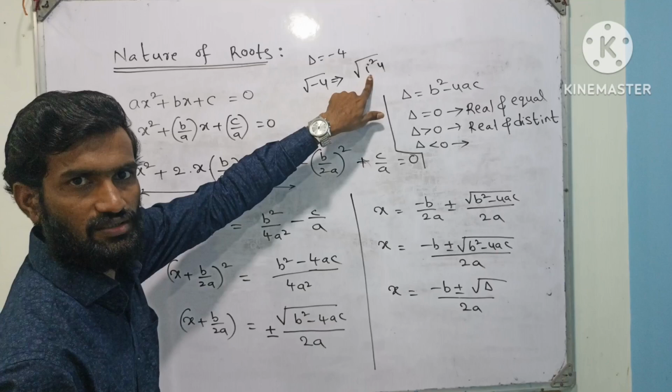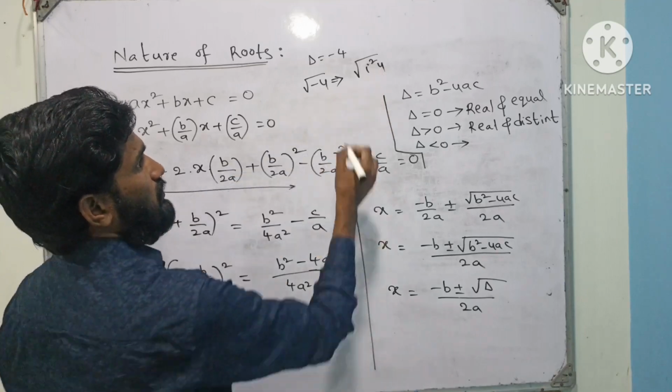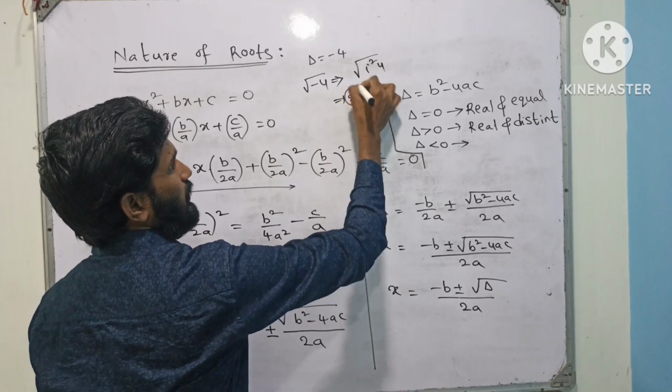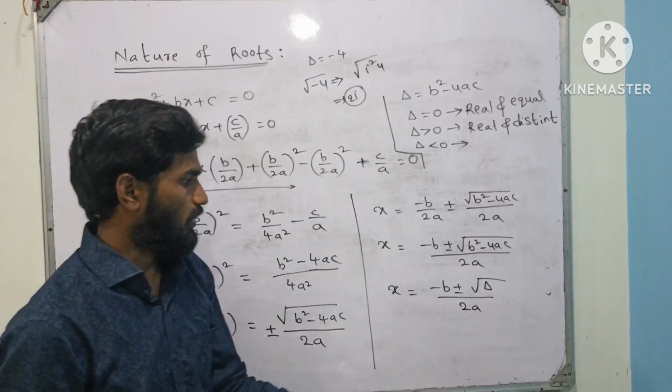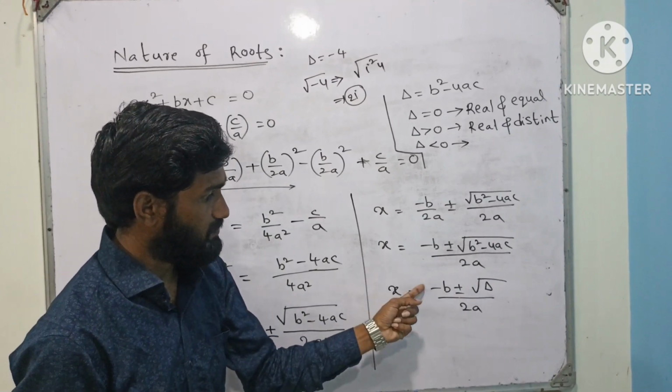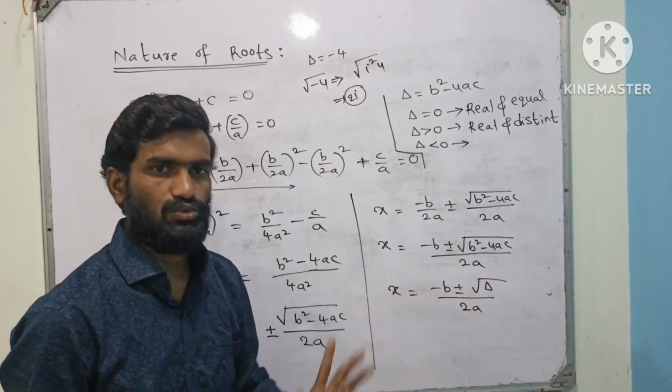Root 4 is 2, so that is nothing but 2i. One root is minus b plus 2i by 2a, and another one is minus b minus 2i by 2a.